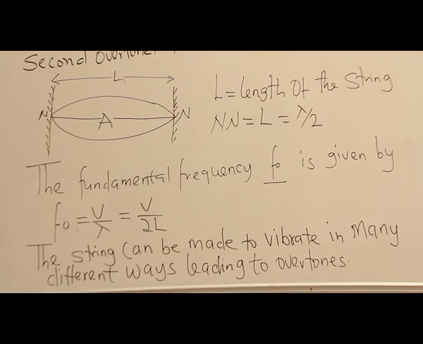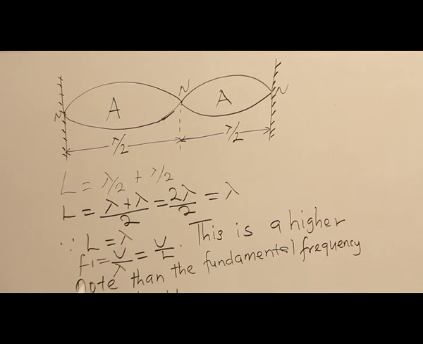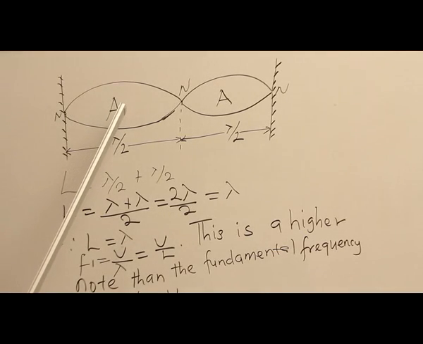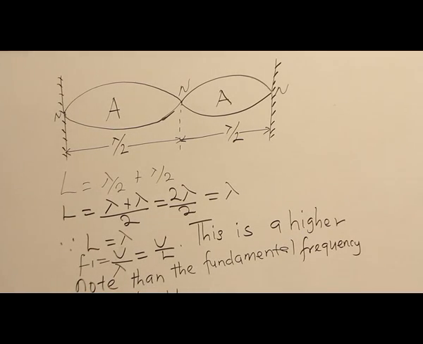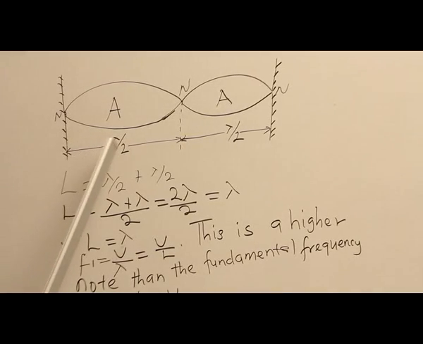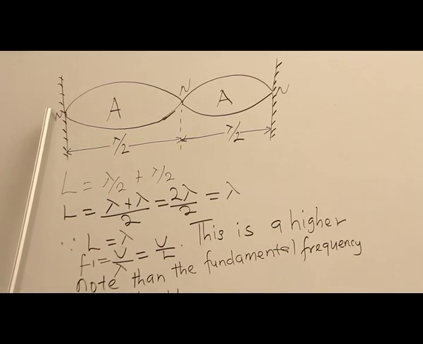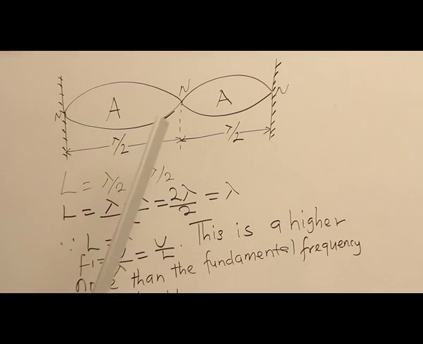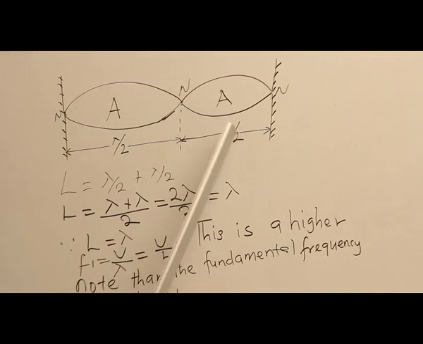The string can be made to vibrate in many different ways, leading to overtones. In the diagram, we have 2 antinodes, A and A, and then we have 3 nodes in this diagram. We have this, this, and this. On the length of the string, NN is lambda over 2, and then we have another NN, which is lambda over 2.